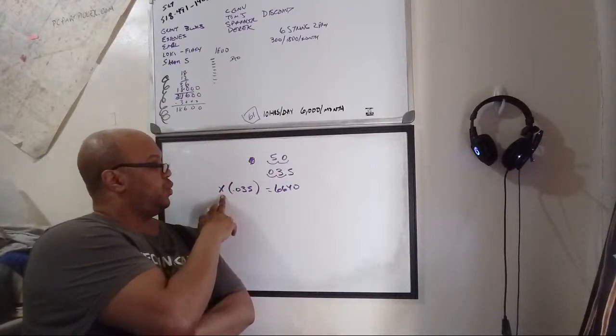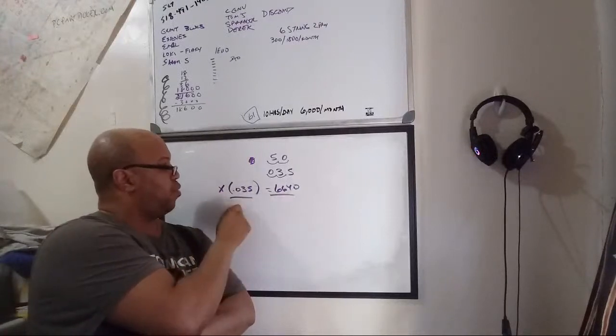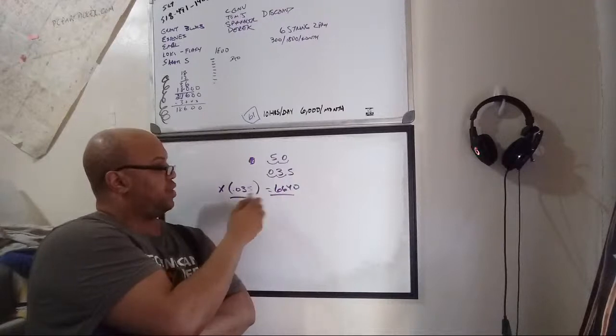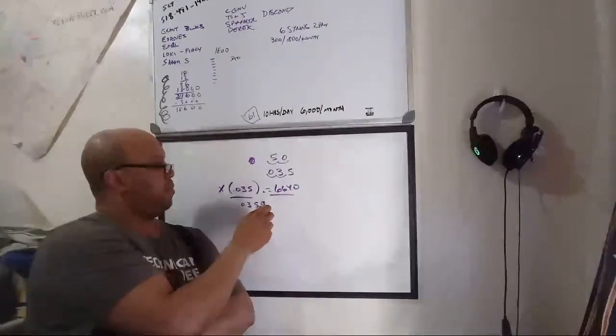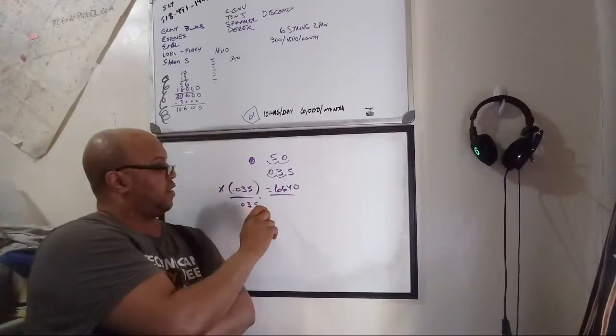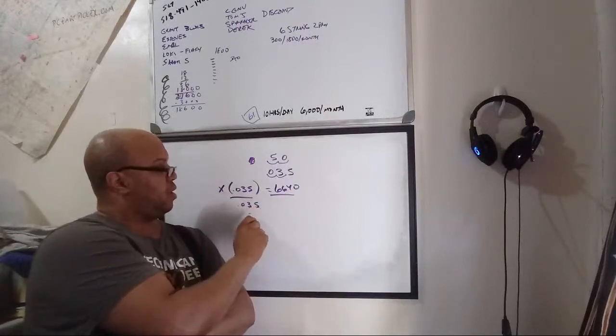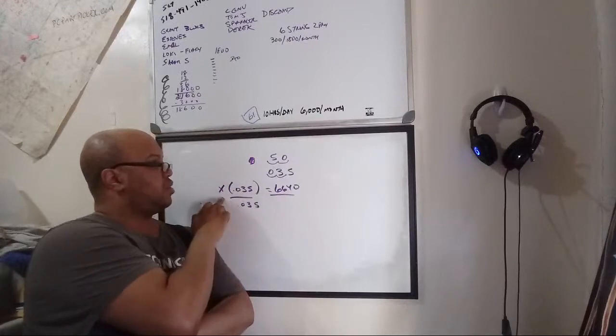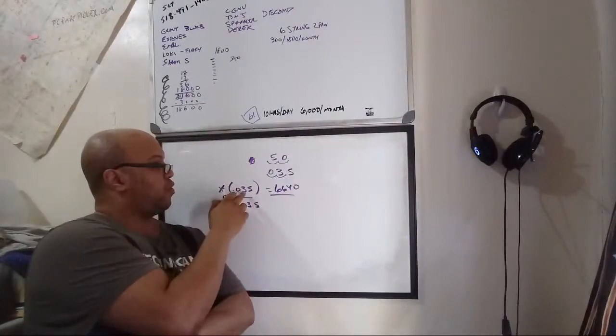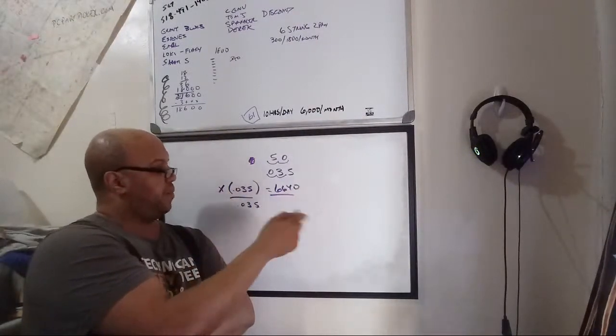Now, in order to isolate x, we have to divide both sides by 0.035. If we do that, that's going to give us our x, the unknown number that the taxes were based on with the 3.5% tax rate.